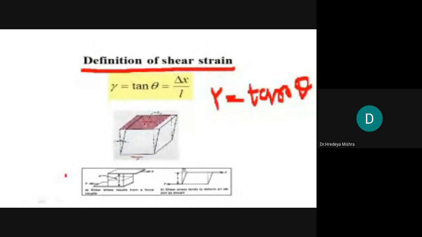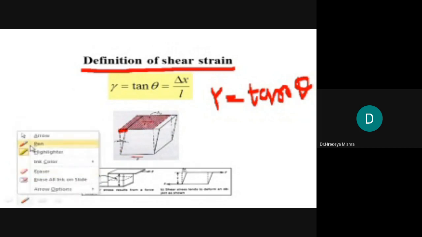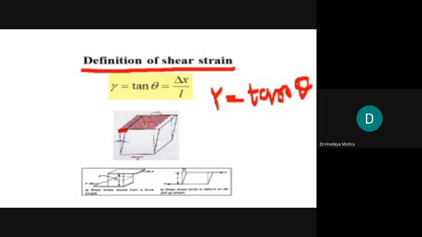Now what happens here? This is delta x and this is L. This length is L.